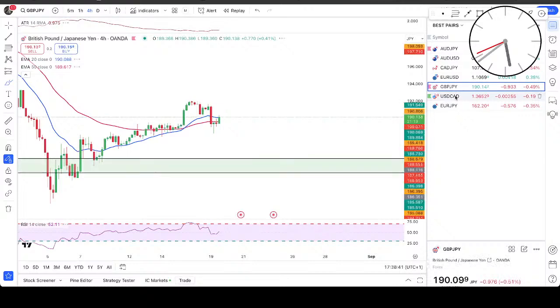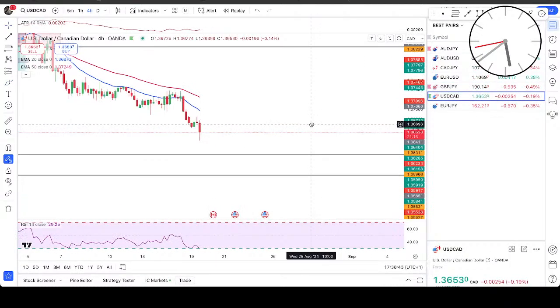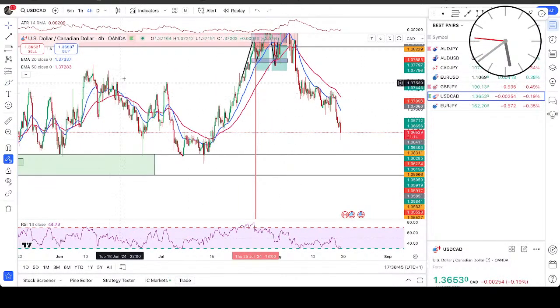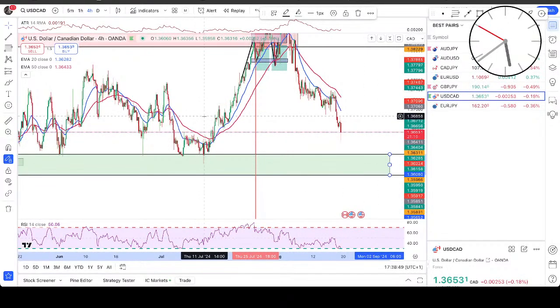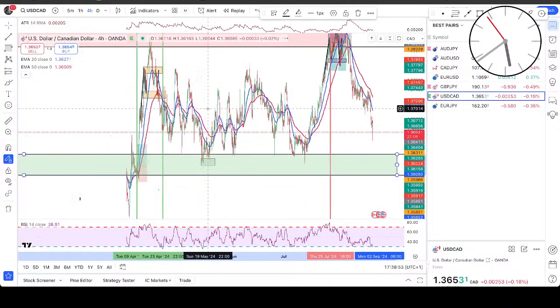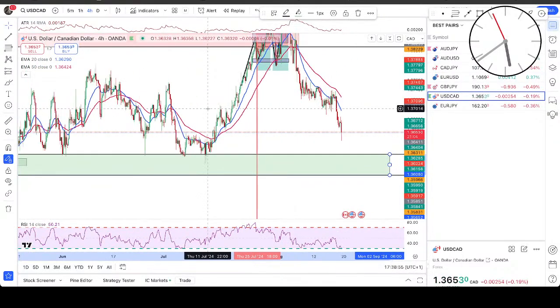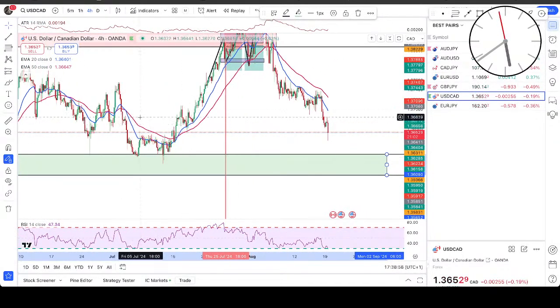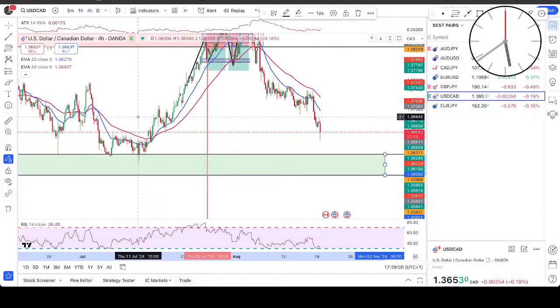Then we have USD CAD, which is now heading towards a major level, which is right here. That's a very good level. I need to add this level in your report as well.